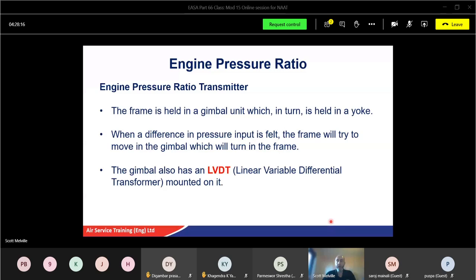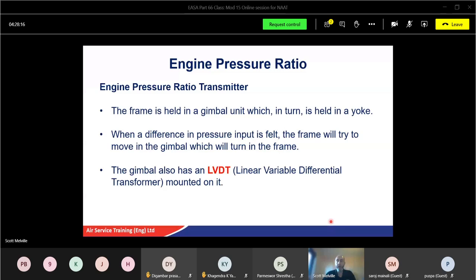You have a voltage output to indicate. That change in voltage will give an indication on your actual indicator for the pressure ratio transmitter. So the transmitter is sending you the actual information. Nulling the LVDT will remove the error signal and move the potentiometer a specific amount in the required direction. So again, indication on your gauge.